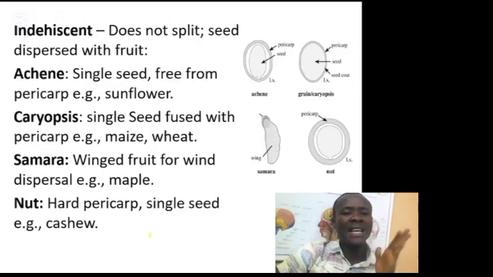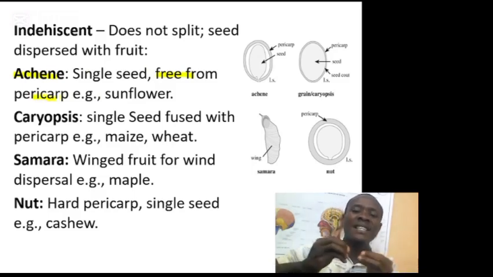And we have dry indehiscent. As we said, dehiscent means to split. So indehiscent means they do not split. So in here, they do not split in order to release their seed. Their seed will be intact. An example we have here is the achene. The achene just has one seed, and that seed is free from the pericarp.